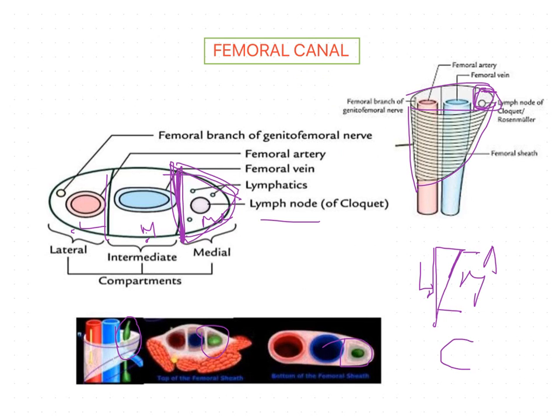It is related anteriorly to the inguinal ligament, posteriorly to the pectineus muscle and its covering fascia, medially to the concave margin of the lacunar ligament, and laterally to the septum separating it from the femoral vein. These are the boundaries of the femoral ring.